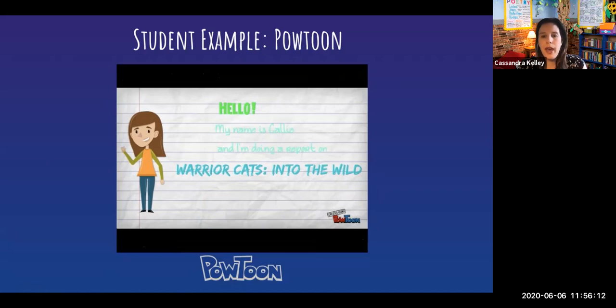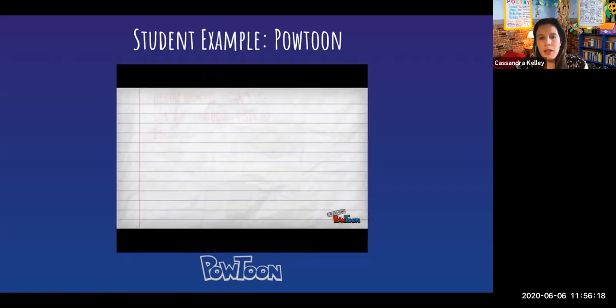She read Warrior Cats into the Wild, and it adds the little animation. She can put the text in there, and then it makes it really fun in this notebook paper format.